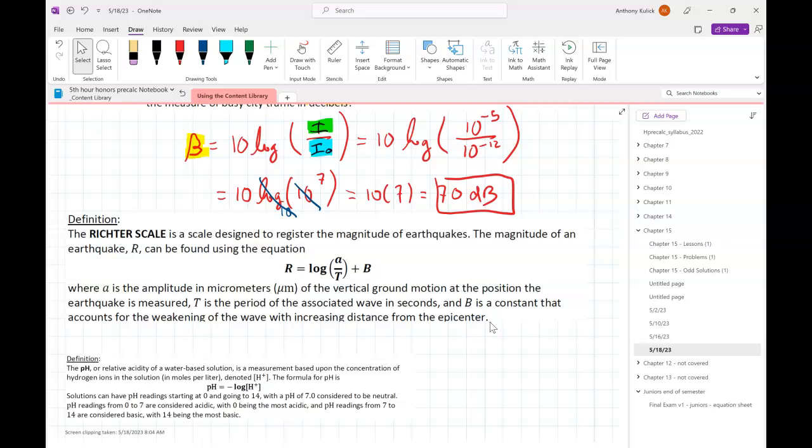So what often happens is we'll take our measurement from wherever our equipment is, and then B is like a correction factor that we tack onto the end. It's like, oh, 56 miles away, it measures as like a 4.6, but we have to add something to it because it's 56 miles away.